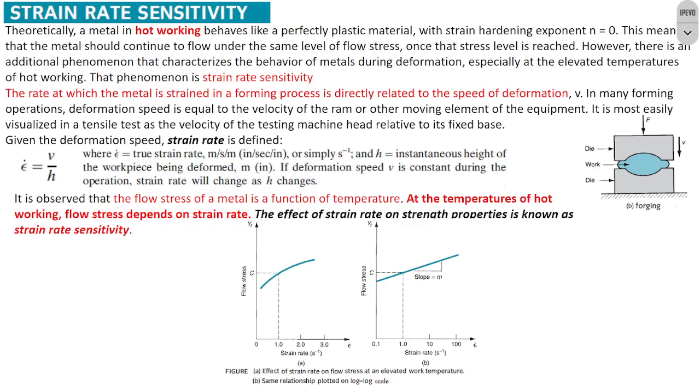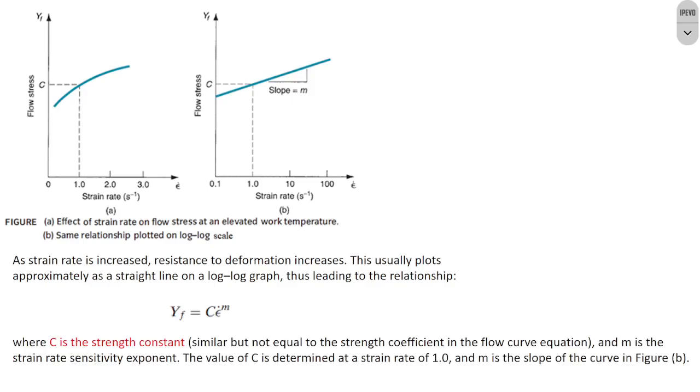This means that to decrease the magnitude of the deformation forces needed to deform the material, decrease the deformation speed. Slowly deform it, not very quickly. If you quickly attempt to deform it, then it is going to be necessary to have greater stress values. The material will show strain rate sensitivity.